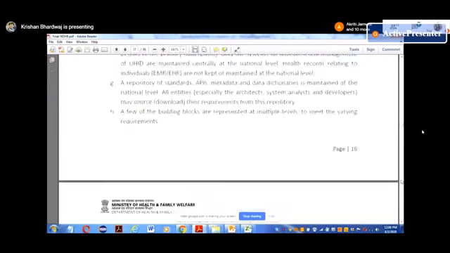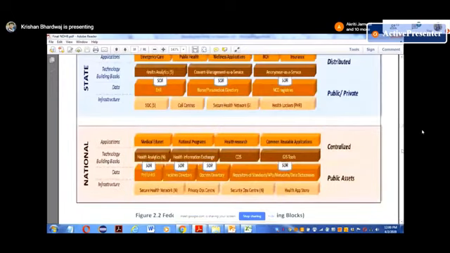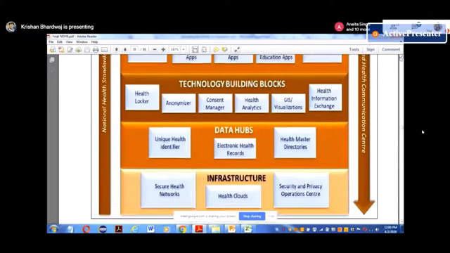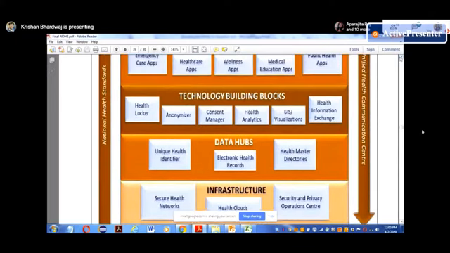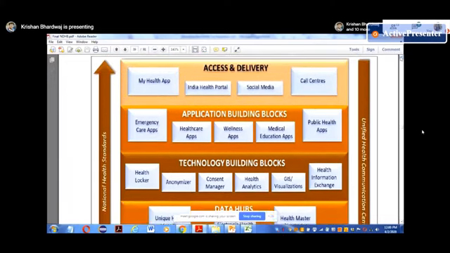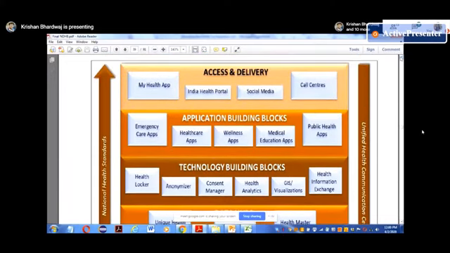And this is the diagram basically. Level 1, I would say it like that. Level 1 is the infrastructure, all the horizontal layers. They start with the infrastructure, then data hub, then technology building blocks, application building blocks, and finally the access and delivery. And then you have the 2 vertical sides. One is the national standards, and the other is a unified health communication center.